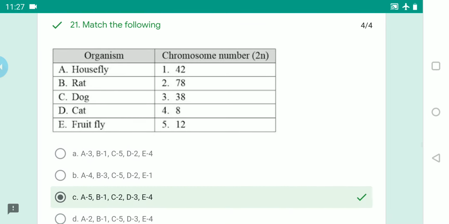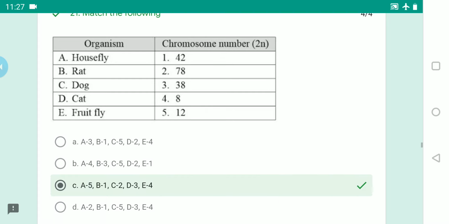Here in the match the following, they have given the name of the organism and the chromosome number. You just match this one, then move towards the options. Housefly is 2n equal to 12, where n is 6. Rat is 42. The dog is 78.